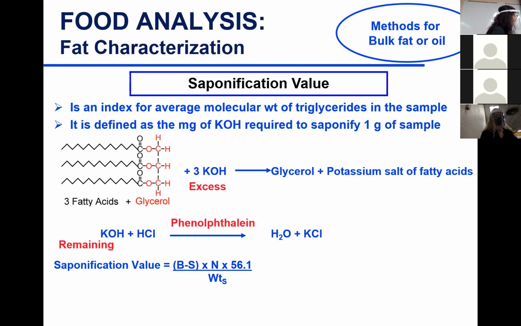But when we have fat in there, you will have reaction with the KOH, so less KOH is left, and less volume of HCl. Therefore, the sample volume is subtracted from the blank volume. You can interrupt for questions if there's anything you'd like me to repeat.